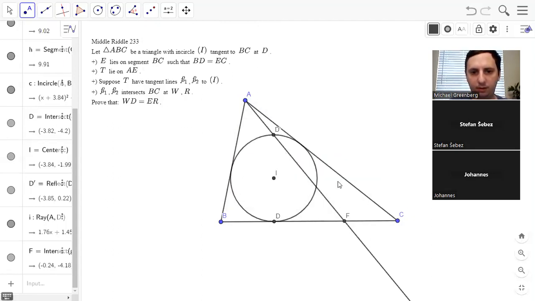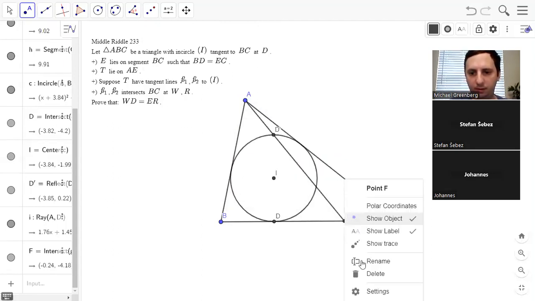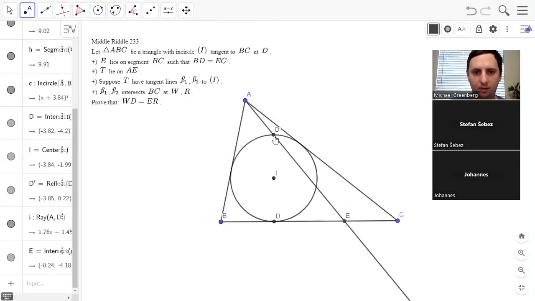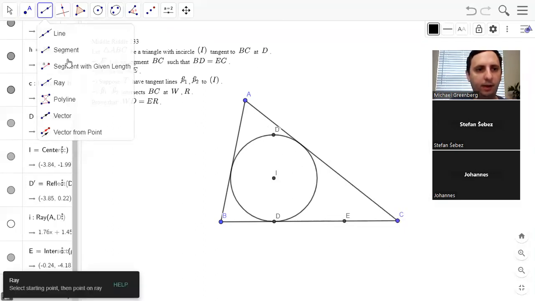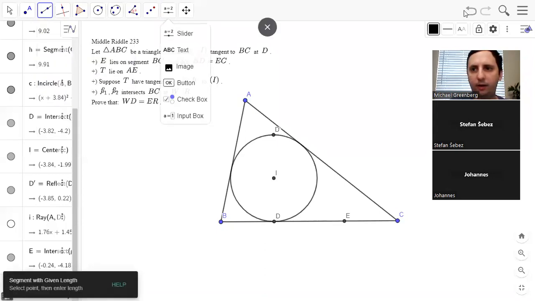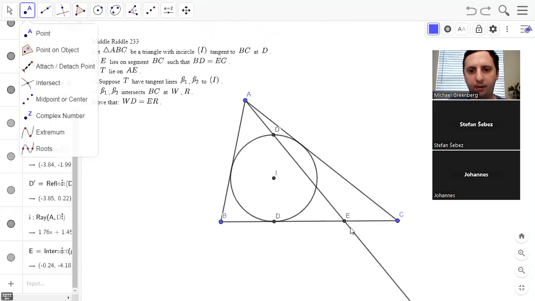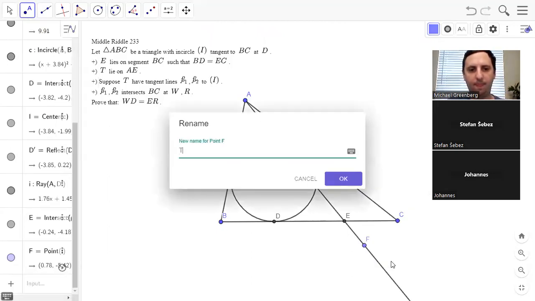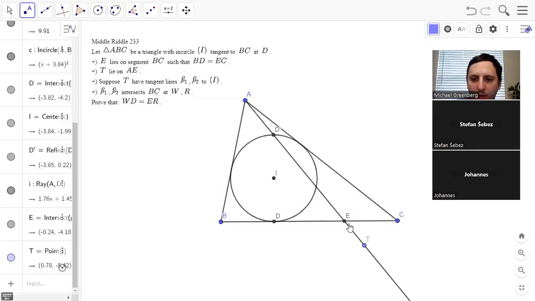And E. I'll leave that as D prime. All right. T is like any point. Oh, I didn't need to hide that because T is just like any point lying on AE. So we could call this T. And I guess now I'll hide it.